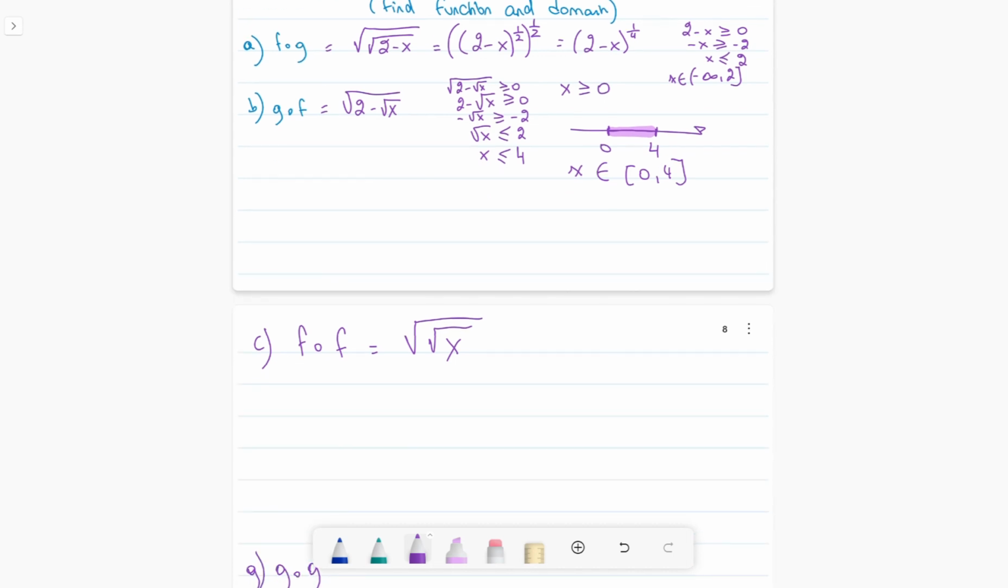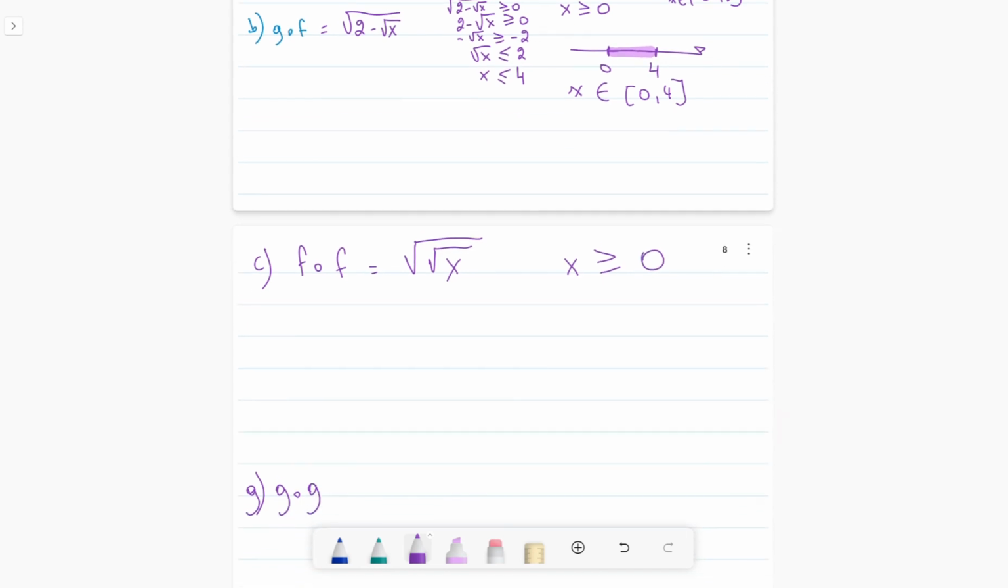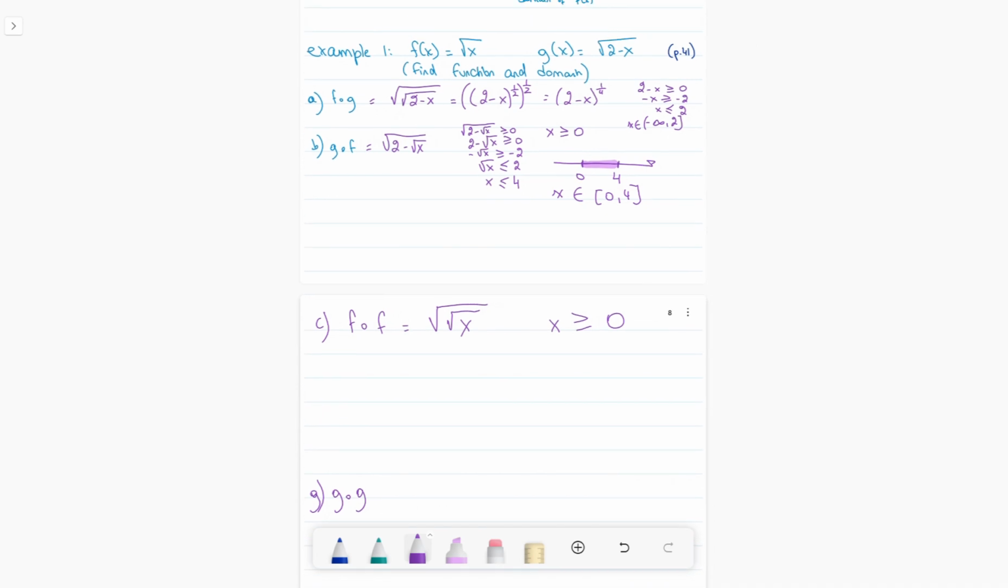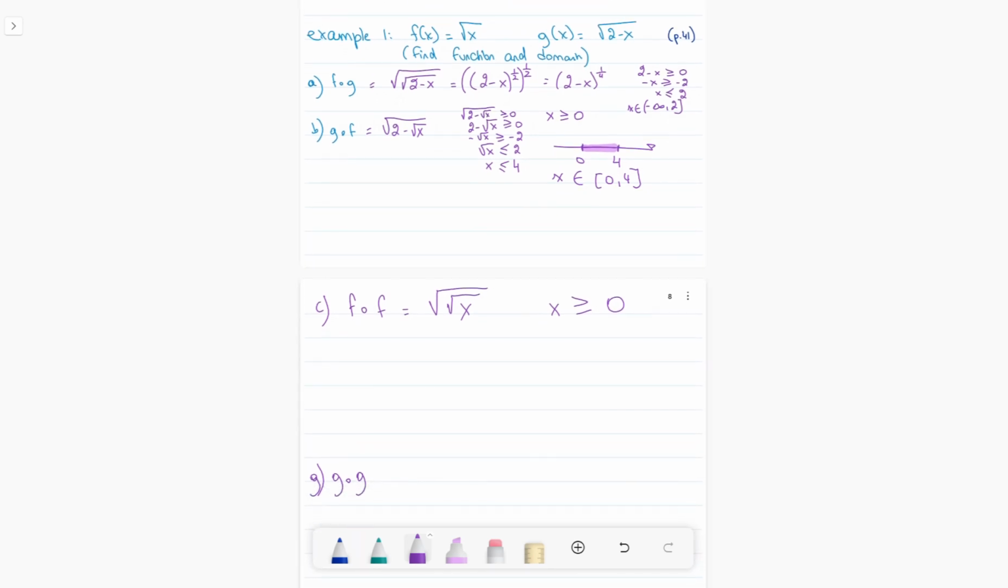So let's look, we have two square roots. Everything inside has to be positive. In our case, x has to be greater than or equal to 0. And this is the only restriction on the domain. And we can write this as x belongs to 0 till infinity.